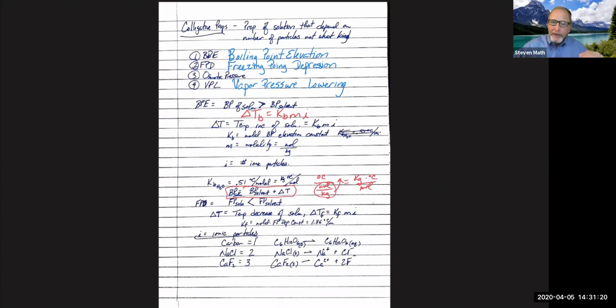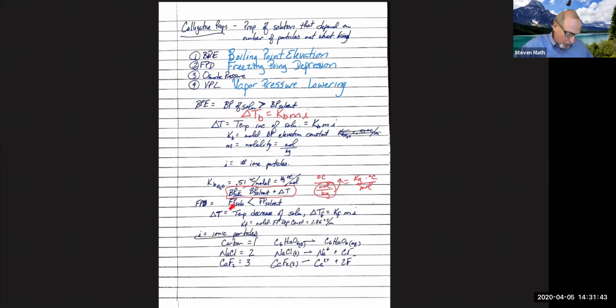I'm going to go through the explanation on freezing point now, and then we're going to do a couple of examples. So stick with me on the explanation. I'm going to go a little quicker on freezing point because it's very similar to boiling point, just what we do with it at the end. So now, freezing point depression. The boiling point was always going to be greater than the pure solvent, because we add to it.